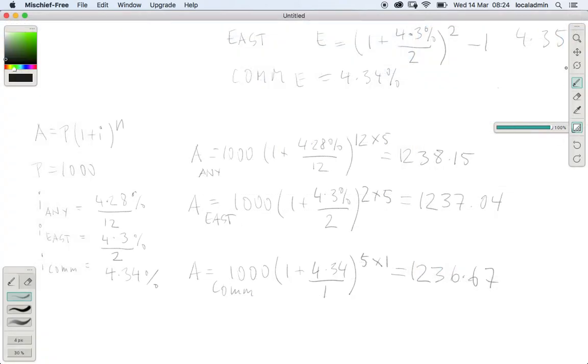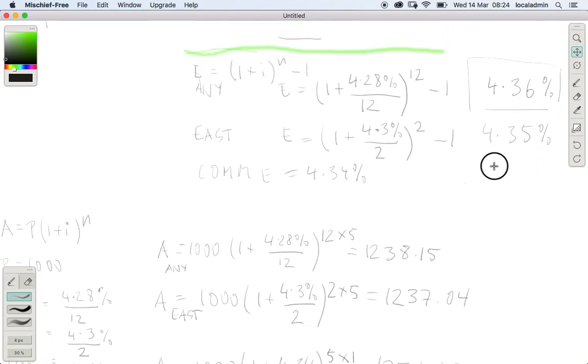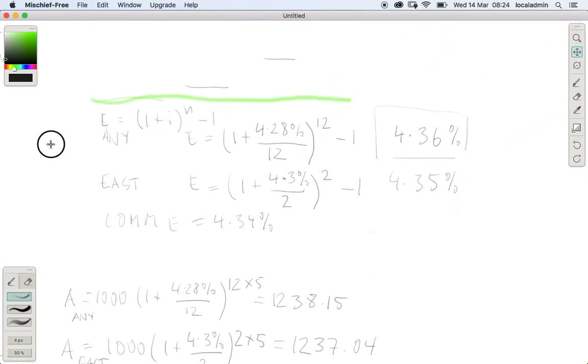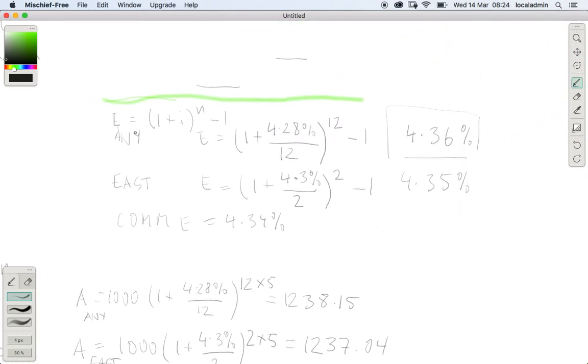Final answer. Remember, we said here that that's the A part. And at A it said that that is our highest interest rate, not by much, by 0.01%. Is Any Bank better than the rest?